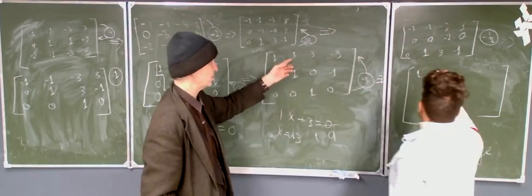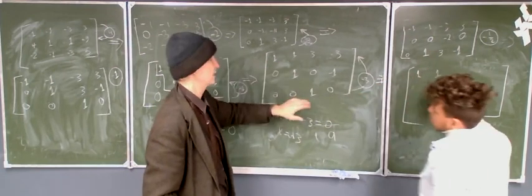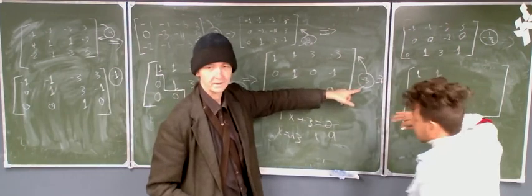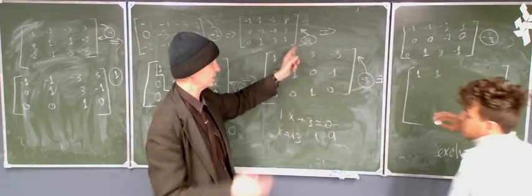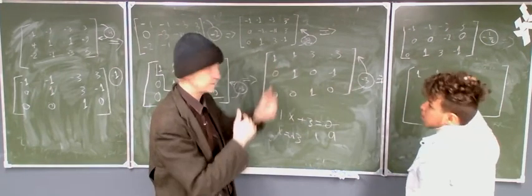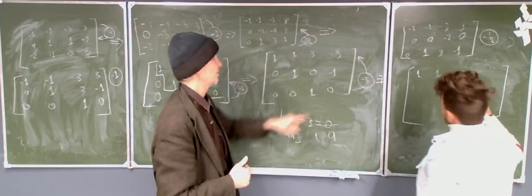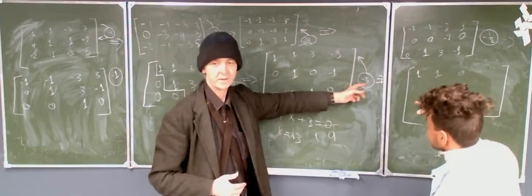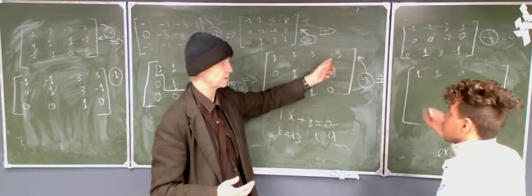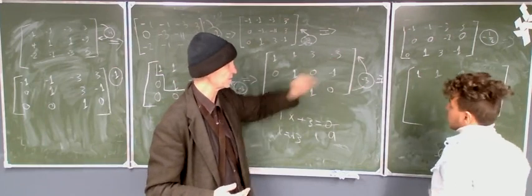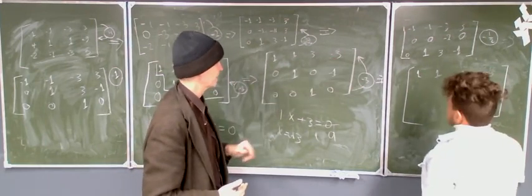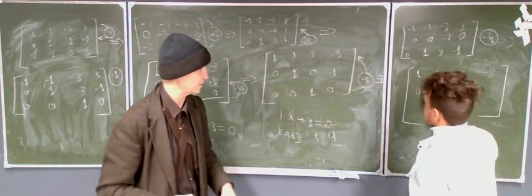Then 0 plus 1 is 1. Okay. Then 1 times minus 3 is minus 3. Minus 3 plus 3 is 0. Then this 0 is multiplied by minus 3 is 0. 0 plus minus 3 is minus 3. As it follows, I just copy.